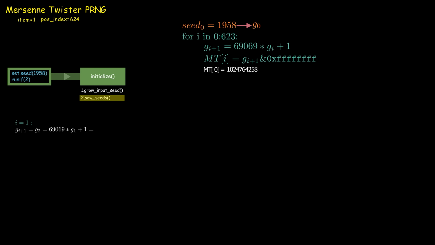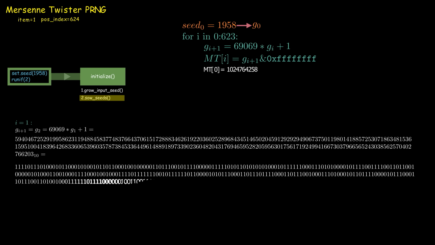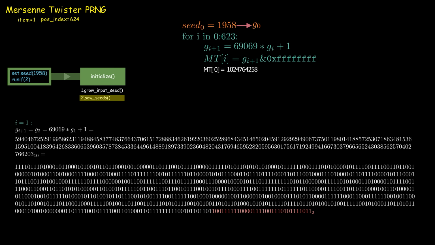Then we do the same thing, calculating G2 this time around. And here's what G2 looks like in both base 10 and base 2. And once again, we'll take this number in binary form, keep only its last 32 digits, and discard the rest. And then translate it into base 10. So far, you have seen in detail what happens when I takes on the values 0 and 1.